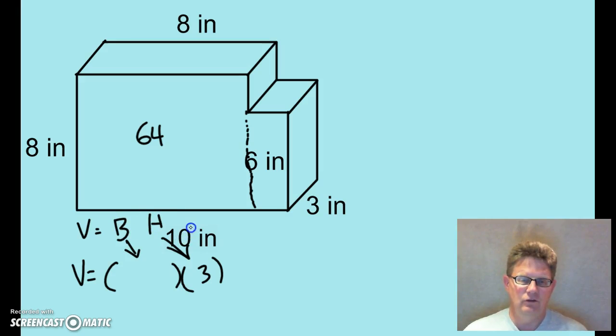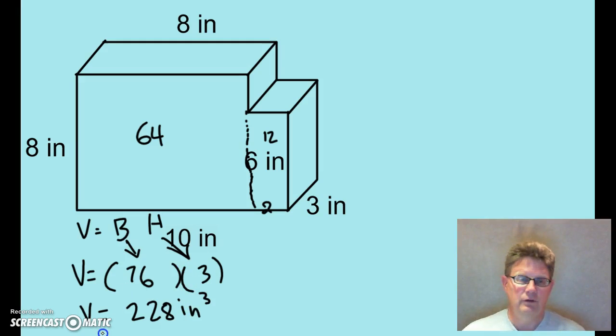It says that this whole thing at the bottom here is 10, and part of it is 8. That makes 2 here, with a height of 6 right there, because it equals that. That's 12. So the area of this complete front is 64 plus 12, 76. So the volume equals 228 inches cubed.